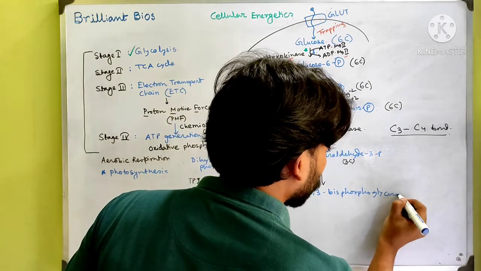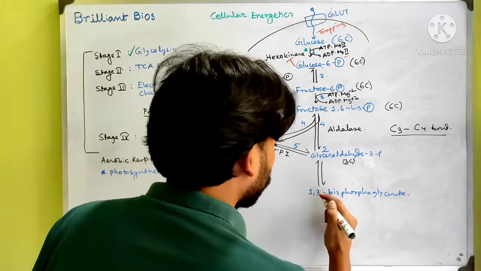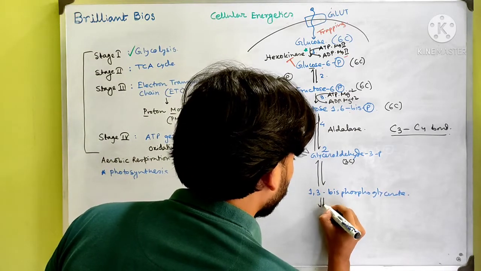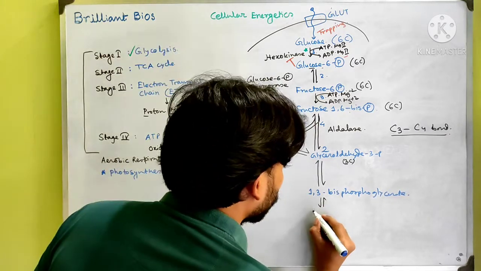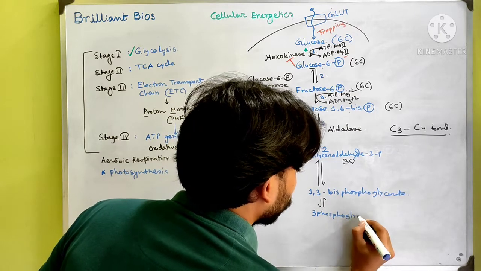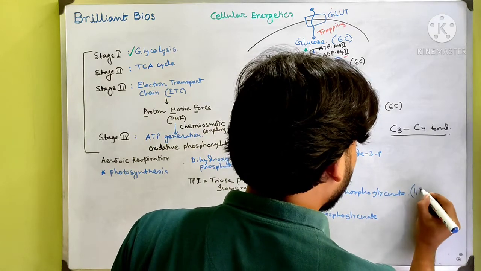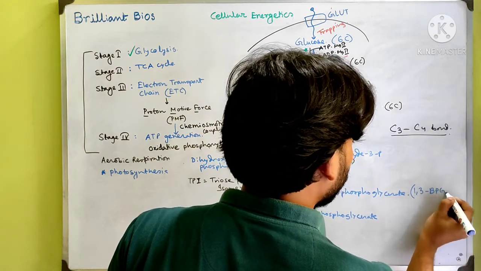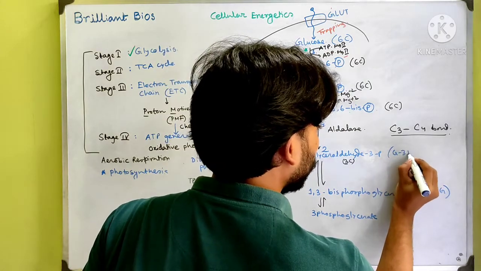Glyceraldehyde 3-phosphate is converted into 1,3-bisphosphoglycerate. At first let me draw all the product names. Then this product is actually converted into another product called 3-phosphoglycerate. Okay, in short you can remember this 1,3-BPG. You can remember this glyceraldehyde 3-phosphate G3P.